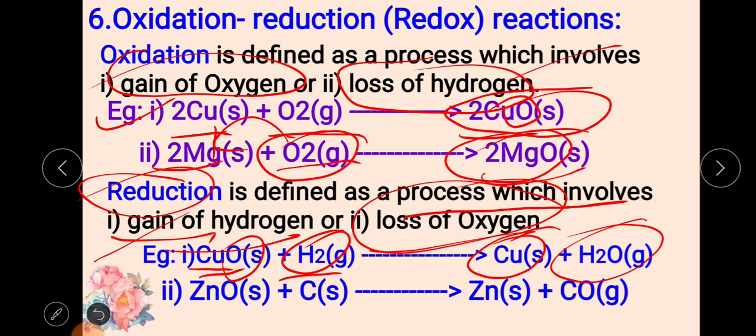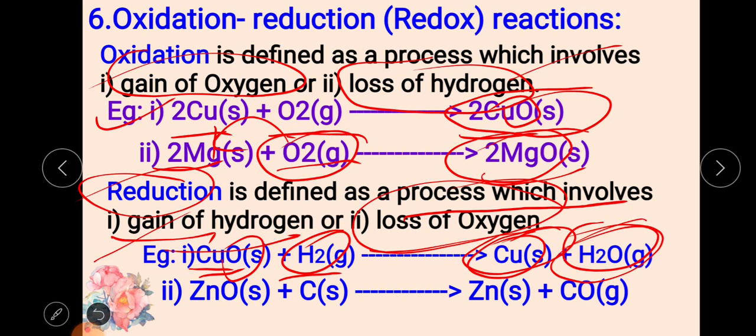Copper oxide is reduced to copper, whereas copper oxide is an oxidizing agent. Before, it was copper oxide, but after losing oxygen, it becomes only copper.